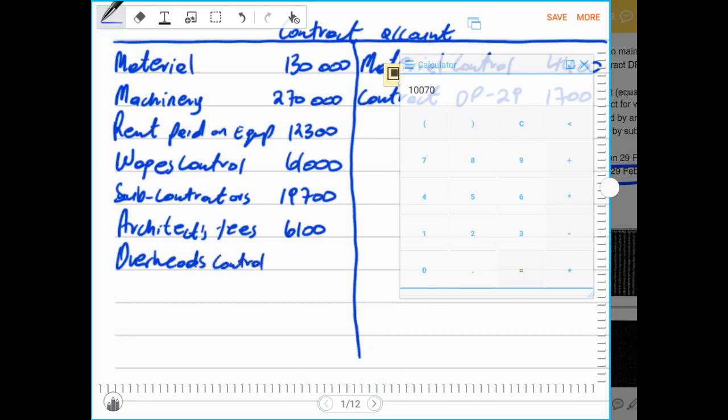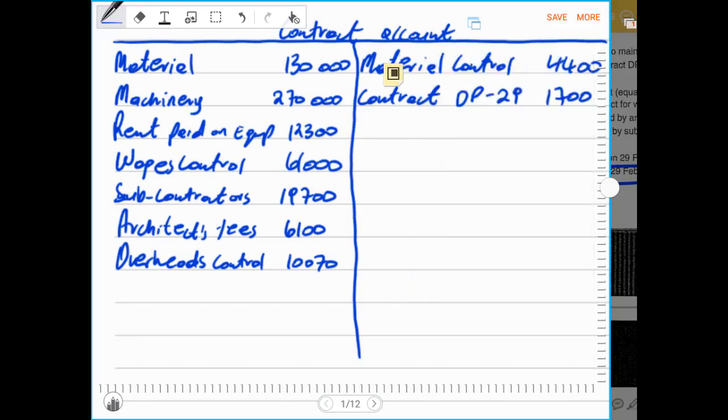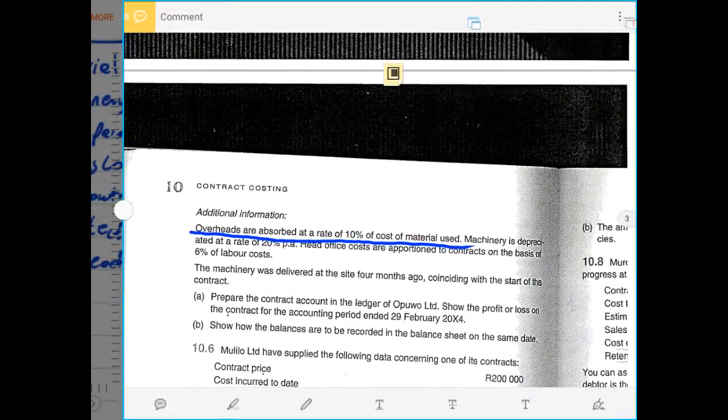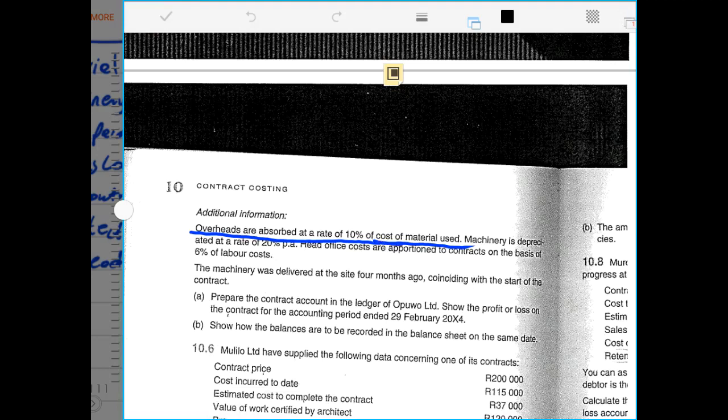account, and that will be 10,070. So now that will be our overheads, which is instructed to be 10% of the cost of material used.